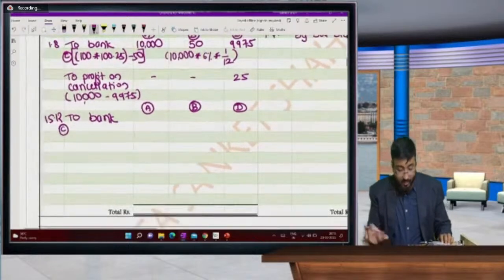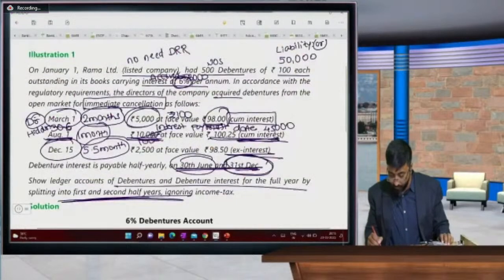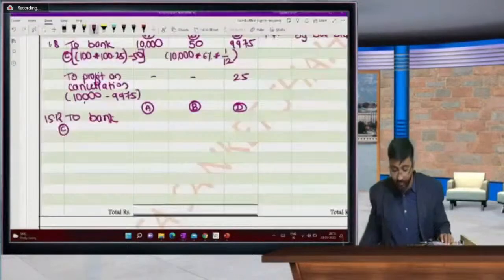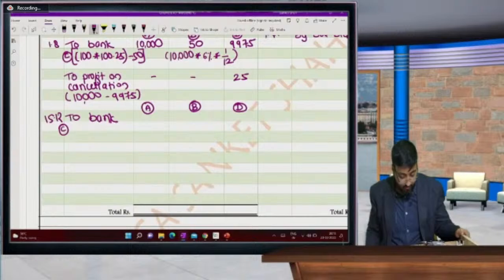Tell me the amount. See who is answering very fast. Chalo, chalo, chalo. Fast answer. Who answered very fast? Yukti Jain. Very good, beta. Very good.